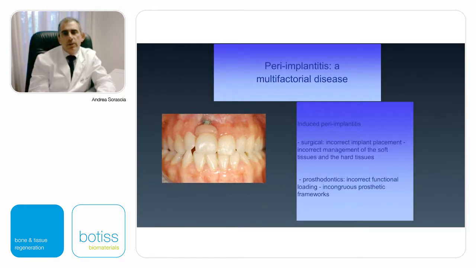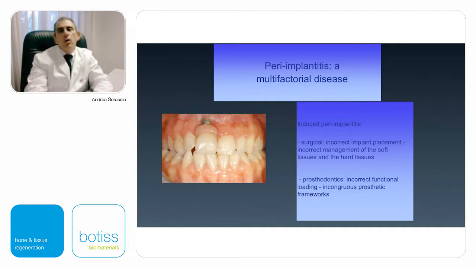For the induced peri-implantitis, the reason could be surgical: incorrect implant placement, incorrect management of the soft tissues and the hard tissues, or prosthodontic: incorrect functional loading, incongruous prosthetic frameworks. As far as peri-implantitis in this specific case, I will talk about and examine the complications that could occur to the soft tissue.